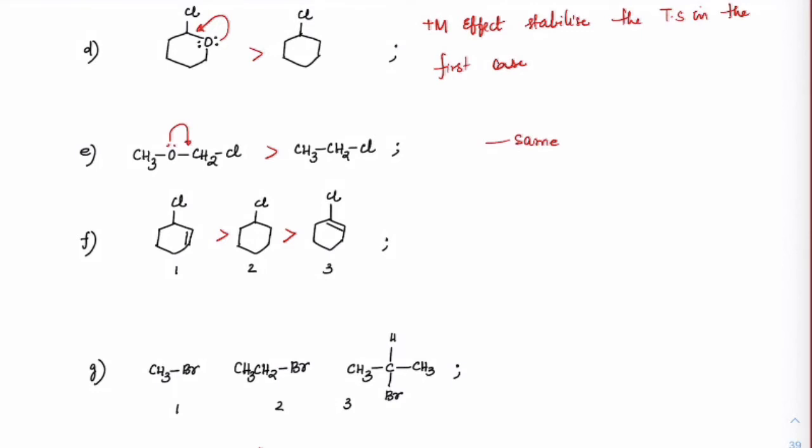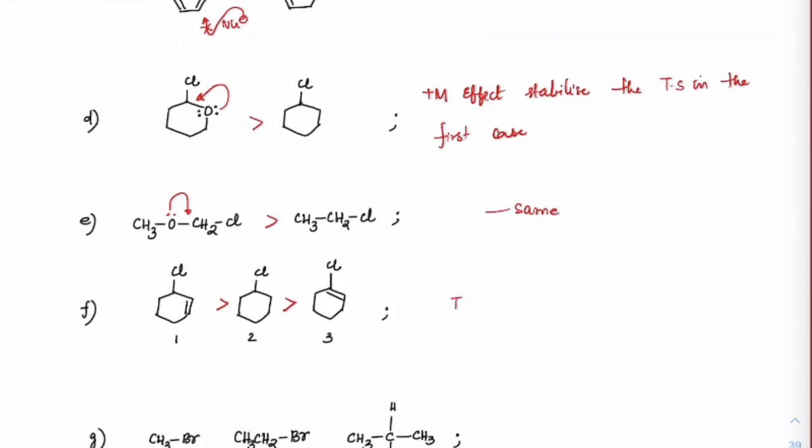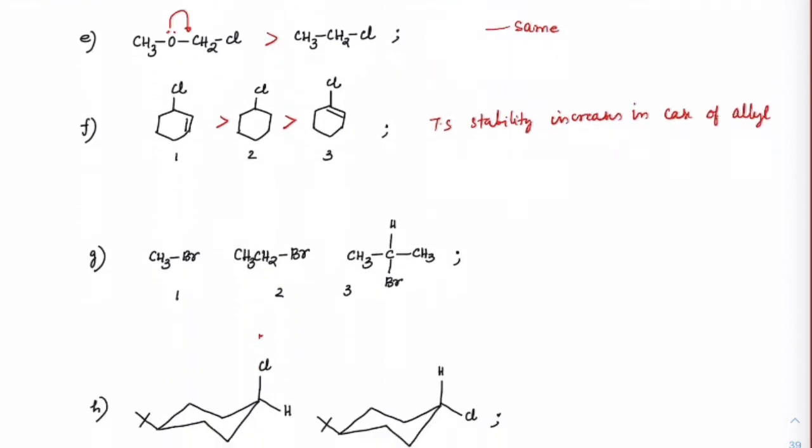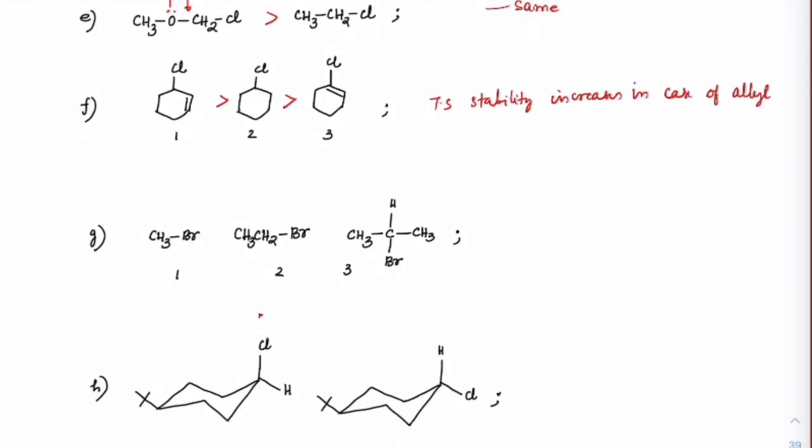So similar reason, which is transition state stability increases in case of allyl. Keep writing that. Next, CH3Br, CH3CH2Br, and this is purely because of crowding, so this is steric hindrance.